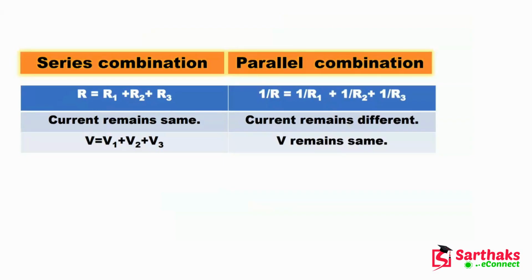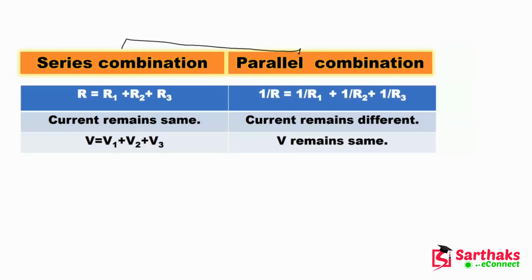In this lecture, before going to the main concept, let me give you a quick idea about the difference between the series and parallel combinations. We knew about series combination and parallel combination, but here we will see the difference between them.